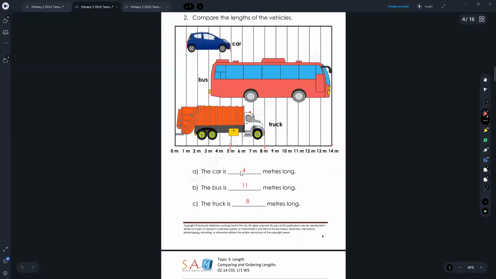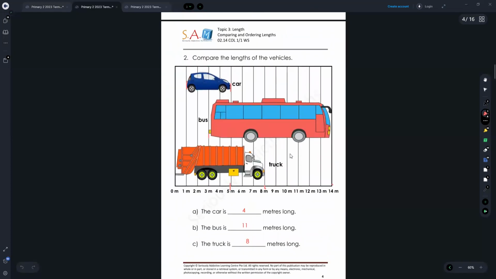For this one, a bit more challenging. So here you need to watch them carefully. Most of them would say that the car is 5 meters, the bus is 14 meters and the truck is 8 meters, which is correct for the truck. However, tell them to note that the bus and the car did not start from 0. So they need to take the rightmost measurement minus the leftmost measurement.